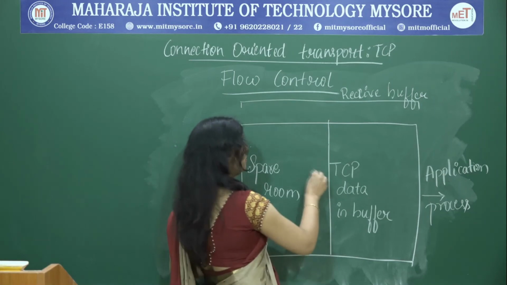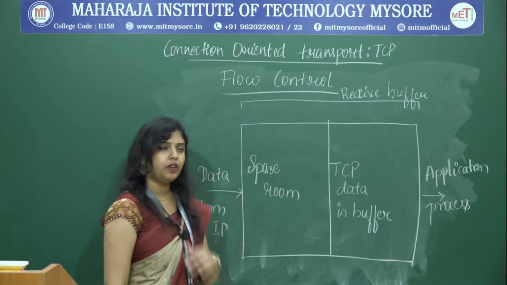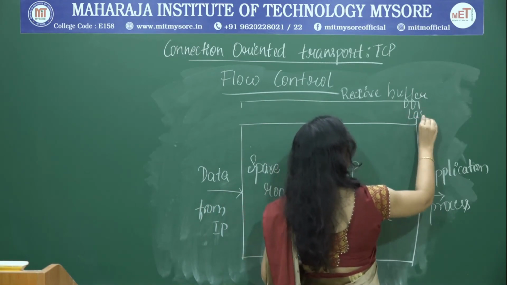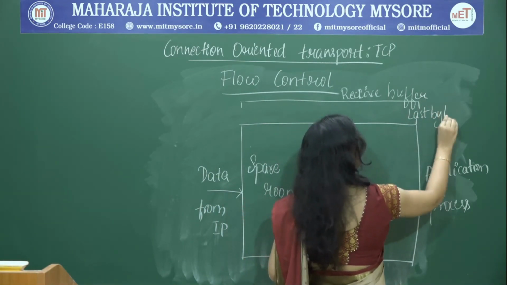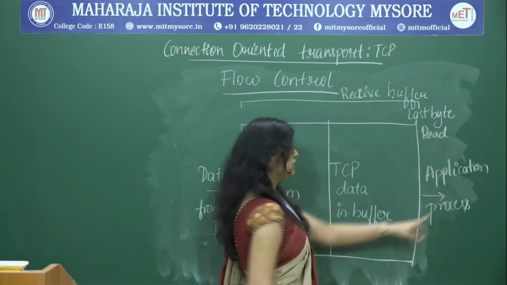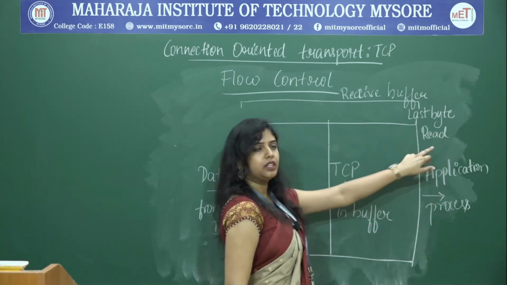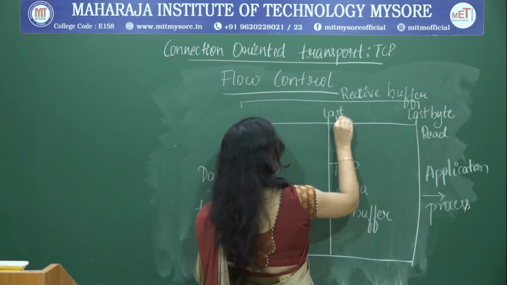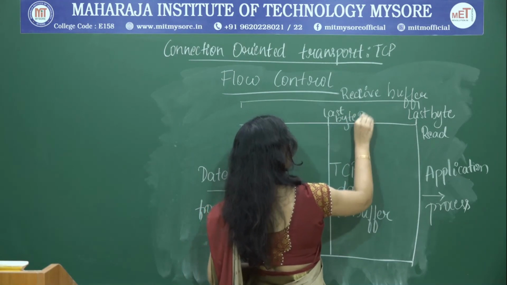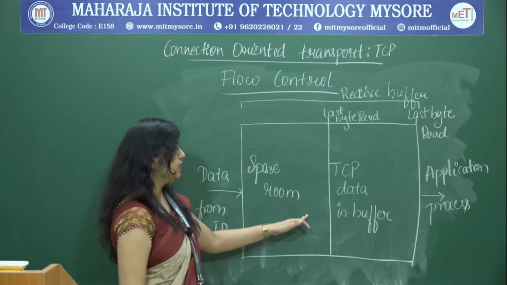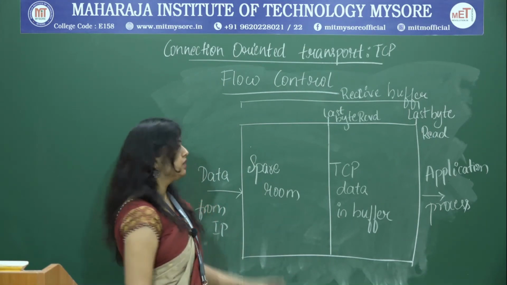That means if we look at those variables, if this is the last byte read, that means the application process has read this byte last, and this is the last byte received.